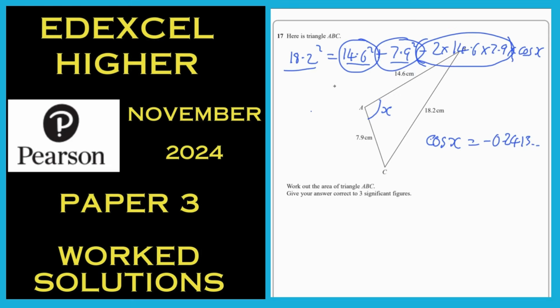As you can see though, that's not an angle. You need to inverse cos it. That should give you the angle I mentioned earlier, 103-ish. Leave that in your screen so you can utilize the A&S button. The sides either side of this angle are 14.6 and 7.9.